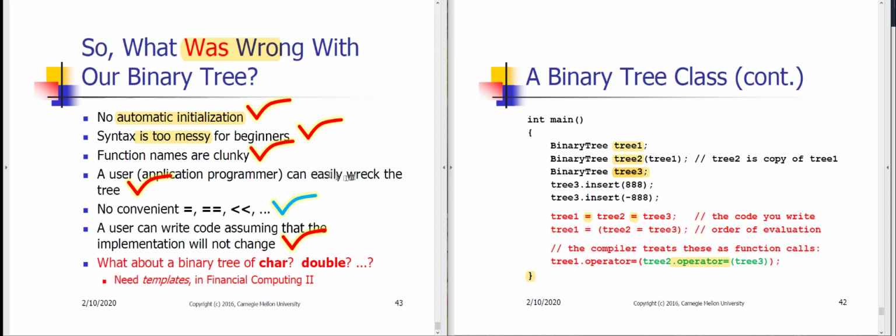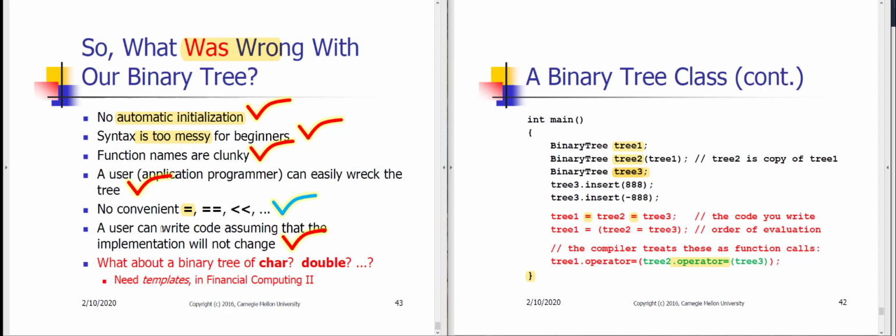It's much harder for the user to wreck the tree intentionally or by accident because the top data member is private within each object. We've added an assignment operator, and following a similar process, we can also add an equality test, a put-to operator for displaying a binary tree to cout, and other such operators as make sense.